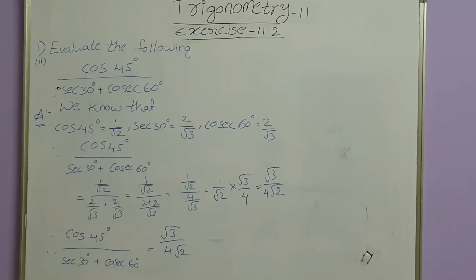is equal to, in this denominator take LCM, root 3 is common, so root 3, 2 plus 2 is equal to 1 by root 2 by 4, 2 plus 2, 4 by root 3 is equal to 1 by root 2 into this 4 by 3 take to upwards, it will become root 3 by 4 root 2.